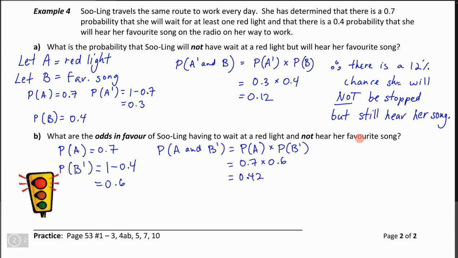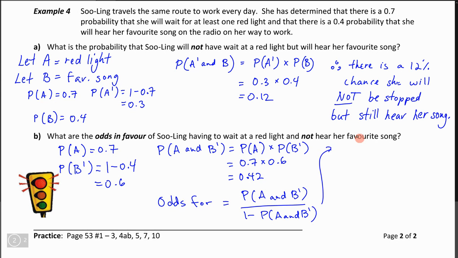Okay, so if I'm looking for the odds in favor, or the odds for, then I'm looking at dividing P of A and B prime divided by 1 minus P of A and B prime. And if I write that up here, it's going to be 0.42 divided by 1 minus 0.42. And that's equal to 0.42 divided by 0.58.